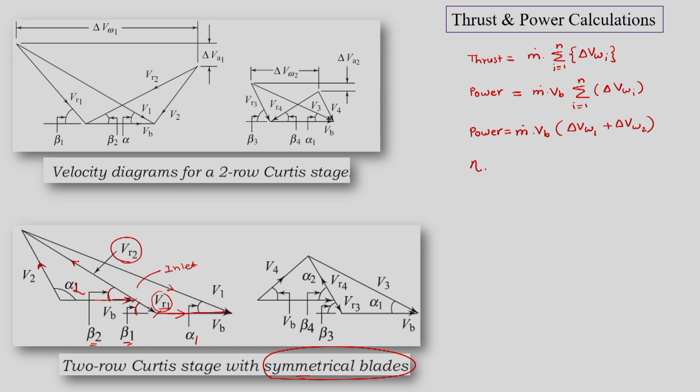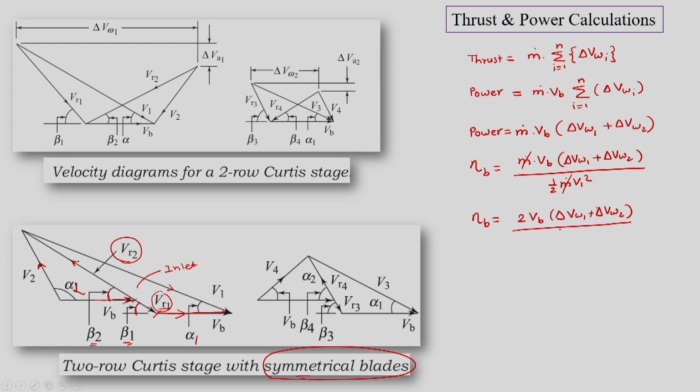We can define the diagram efficiency or blade efficiency. For two stages, the numerator is m dot VB into delta VW1 plus delta VW2, and the denominator is m dot V1 square, so m dot would cancel. The blade efficiency or diagram efficiency is 2 into VB into delta VW1 plus delta VW2, divided by V1 square.